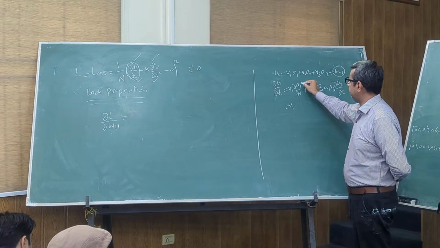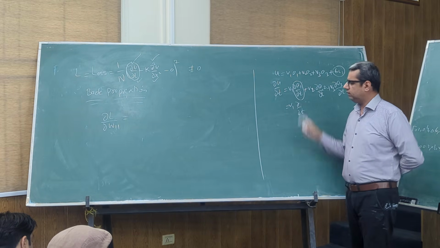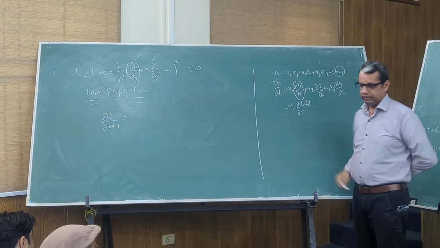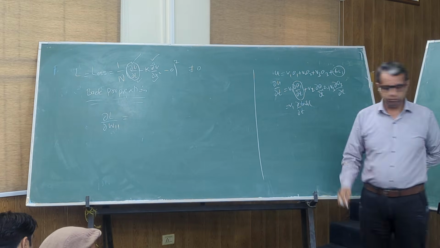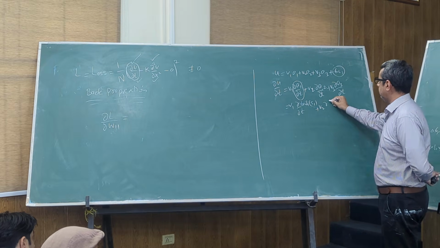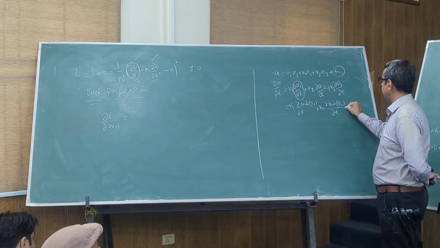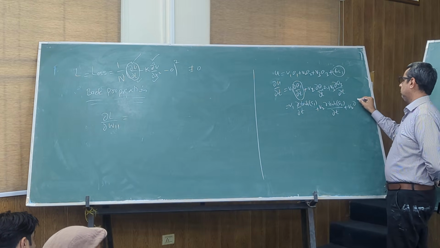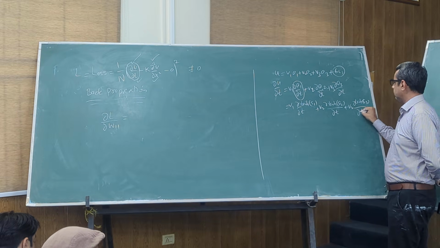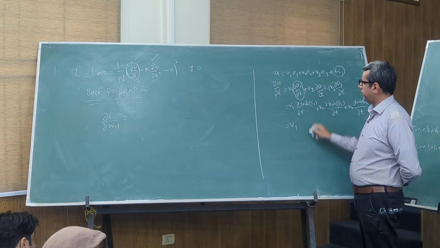And if you observe, what is this? This is exactly partial over partial t of a hyperbolic function, tan hyperbolic, and inside it has s1, plus v2 partial tan hyperbolic s2 over t plus v3 partial tan hyperbolic s3 over partial t. So what is the derivative of tan hyperbolic?